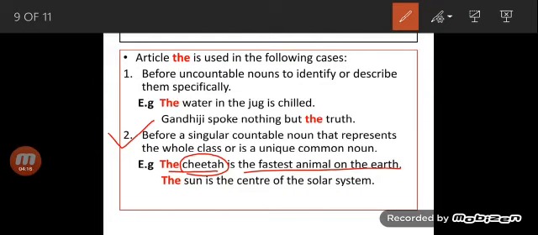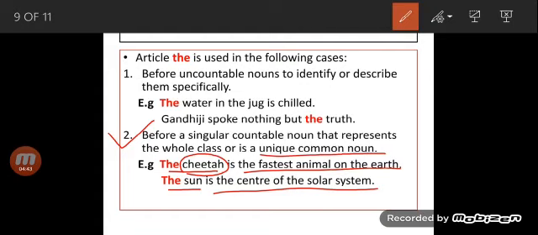Next is when we talk about anything that is a unique common noun. In that case we use article the, like the sun, the moon, the earth, the sky. These are unique common nouns. For example, the sun is the center of the solar system.